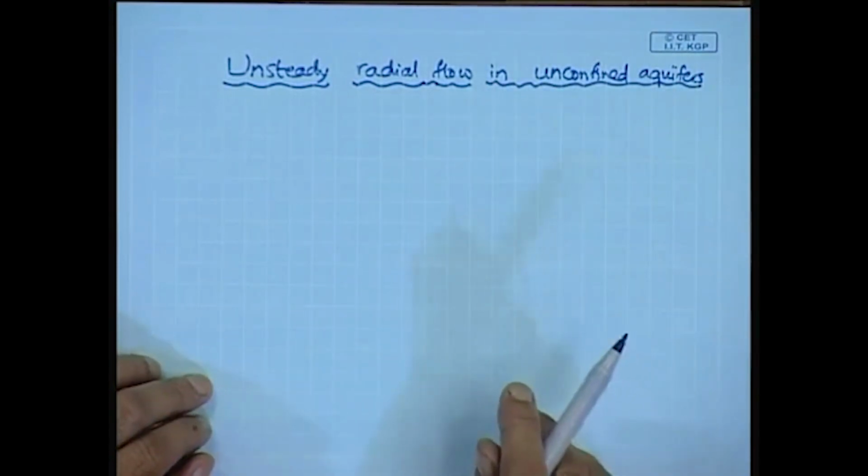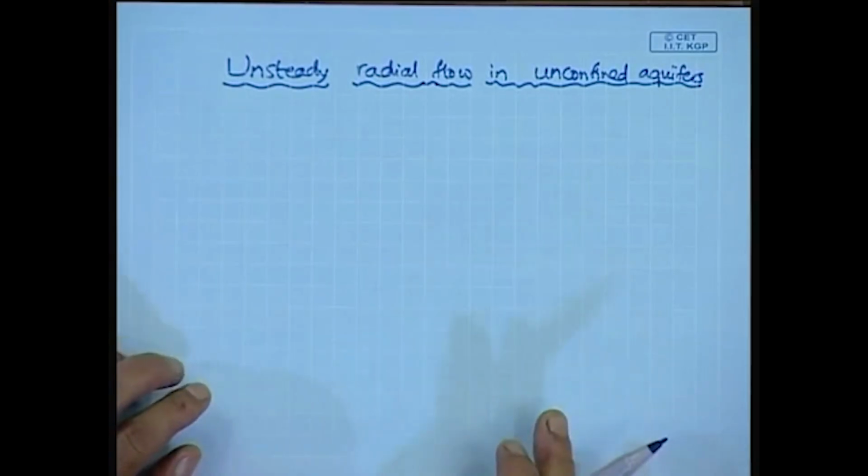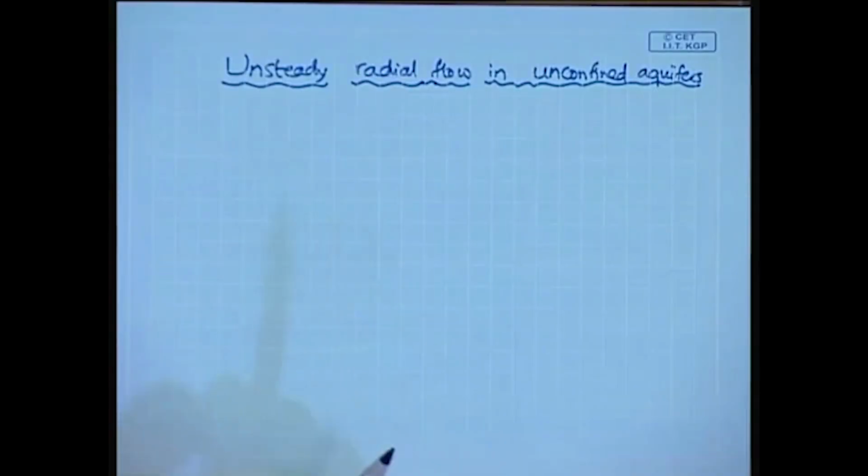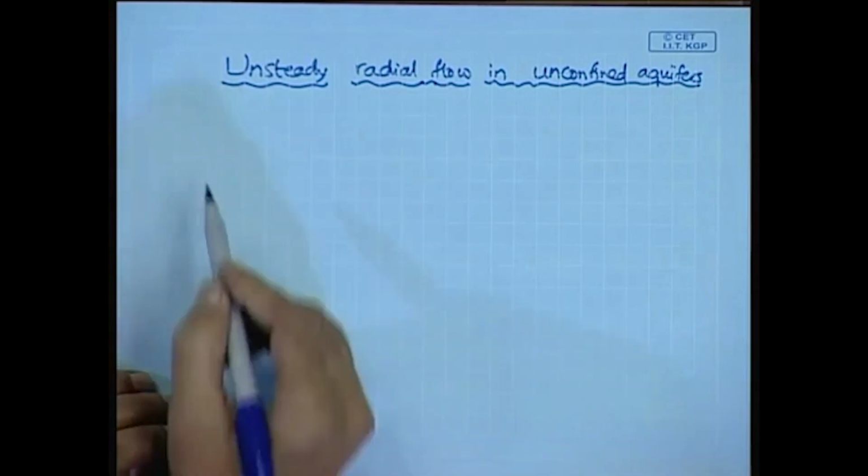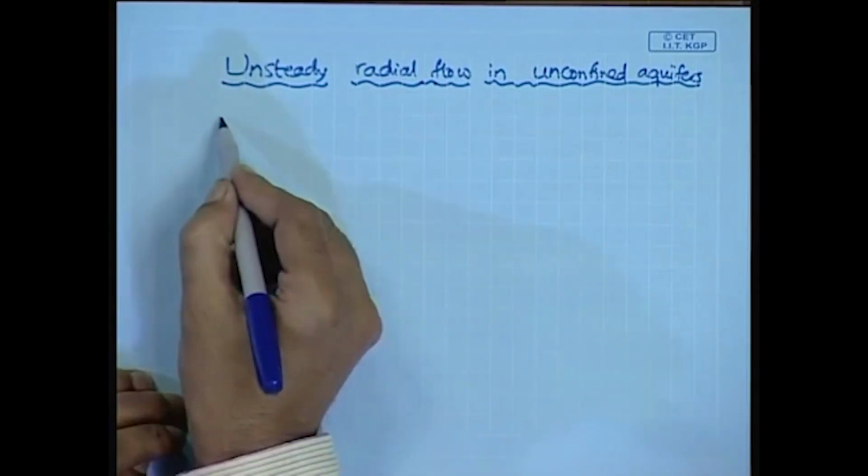So far we have seen the confined aquifer, wherein it is under pressure and the things are somewhat more straightforward, I should say, as compared to the unconfined condition. And in this case there are three types of behaviors.